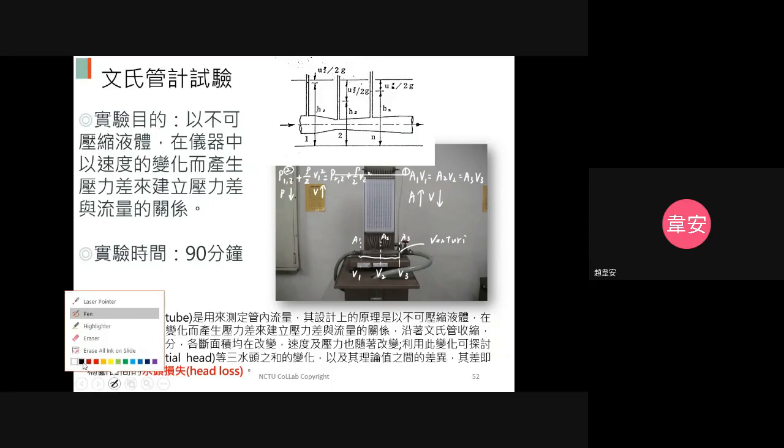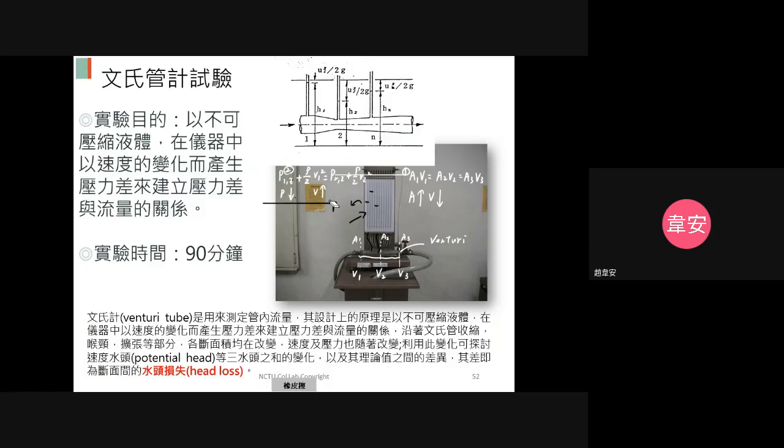If you take a look, there are some bubbles connected to the pipe, connected to the Venturi tube. We know the rising height at the different tubes, and the rising height can tell us the pressure information.